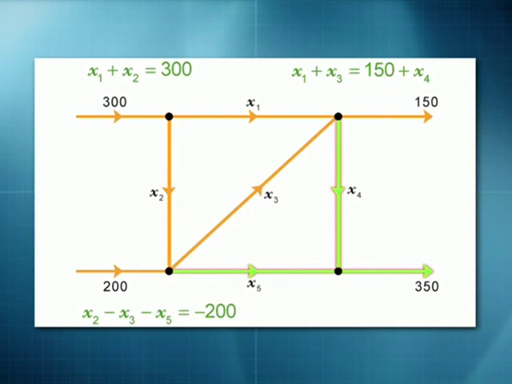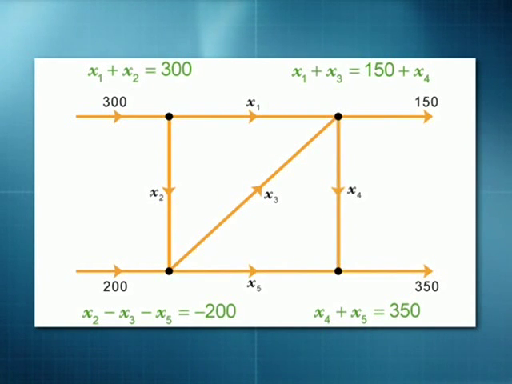And finally, the fourth node, we have x5 and x4 coming in and 350 leaving, so the sum of x4 and x5 has to be 350. Okay, so by analyzing each node, each corner, we discover that we get equations involving the flow variables x1 through x5. And we can set up a system of linear equations that represent these flow patterns.